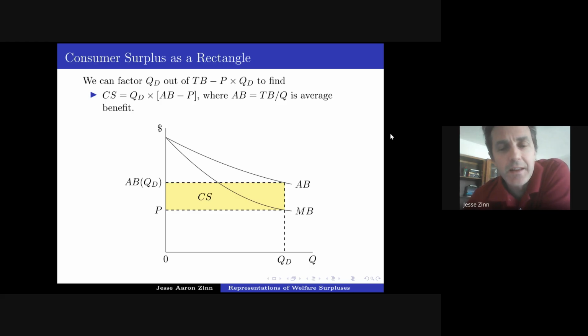That's how much benefit they're getting net of what they're paying per unit, on average. Quantity times the average benefit minus the price are the dimensions of the rectangle you see on the diagram, so consumer surplus equals the area of that rectangle.